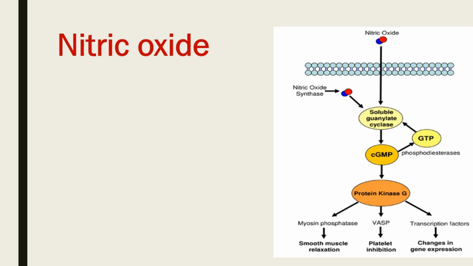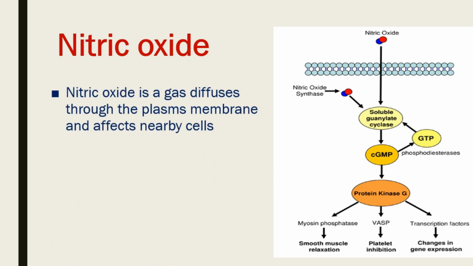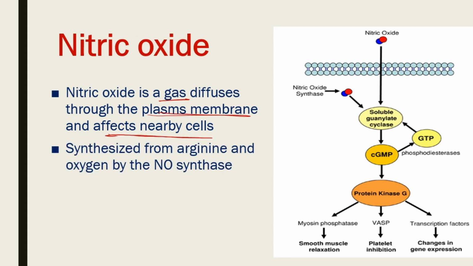So we will talk about nitric oxide. Nitric oxide is a gas which diffuses through the plasma membrane and affects the nearby cells. It is synthesized from arginine and oxygen by the nitric oxide synthase. Here we see a cell membrane.